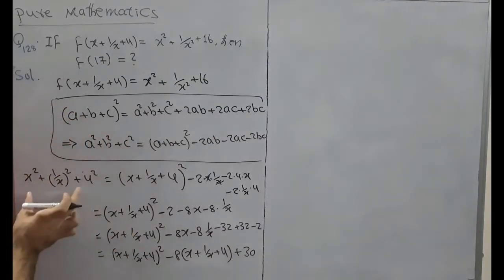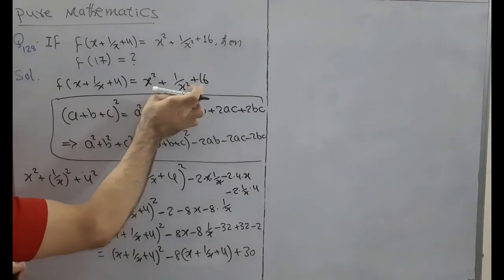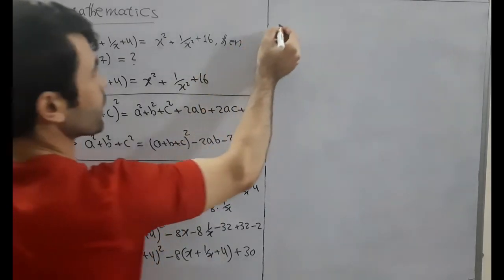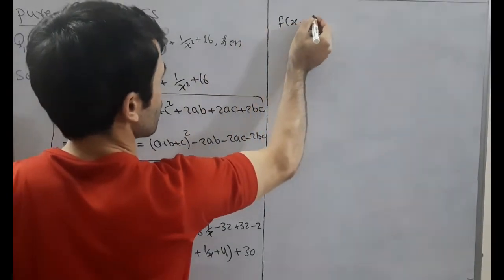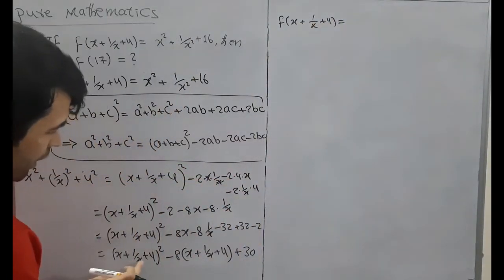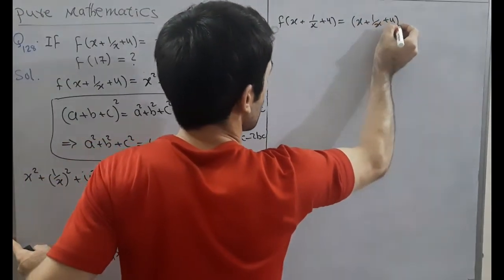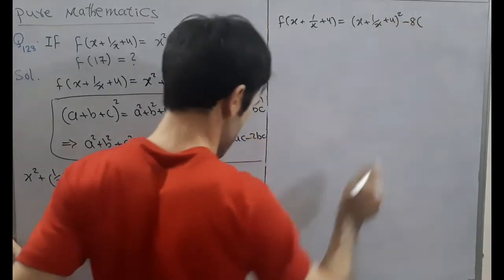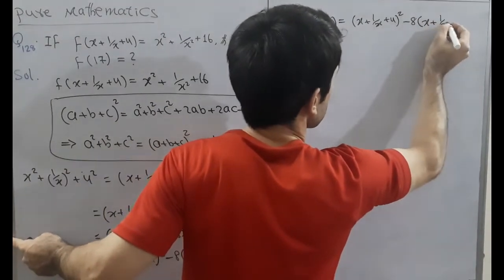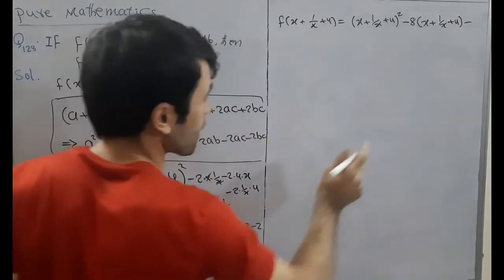Actually, we get x square plus 1 over x square plus 16 is equal to this expression. Then we can write f of x plus 1 over x plus 4 is equal to (x plus 1 over x plus 4) whole square minus 8 into (x plus 1 over x plus 4) plus 30.